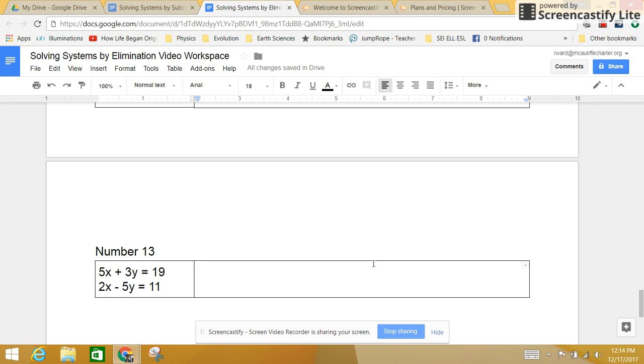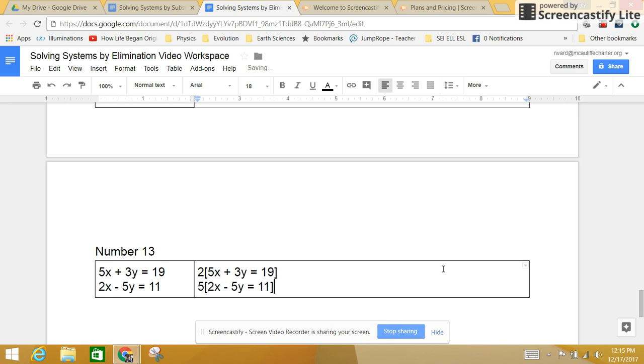Okay, so now we've got another situation where none of the coefficients match or are opposites. So I can't just simply add or subtract and eliminate something. And elimination is the name of the game, so let's come up with a way to do that. Again, I've got a 5 and a 2. I can make the 5 and 2 the same by multiplying each other by, make the top one by 2. Make it a coefficient of 10, and the bottom one times 5.